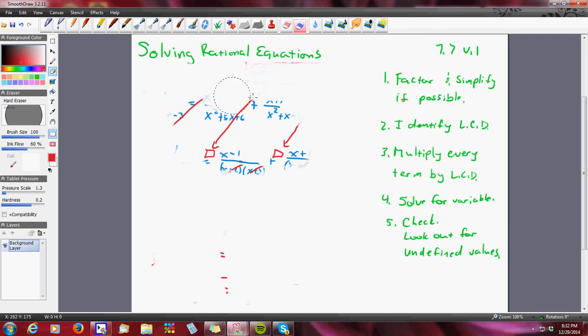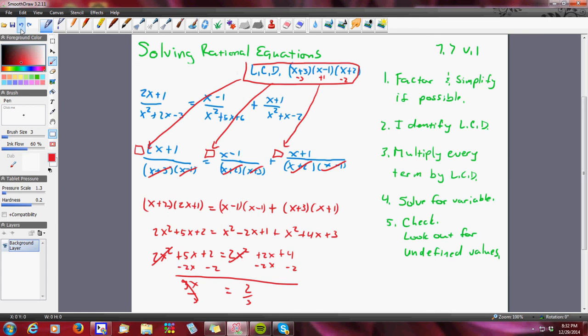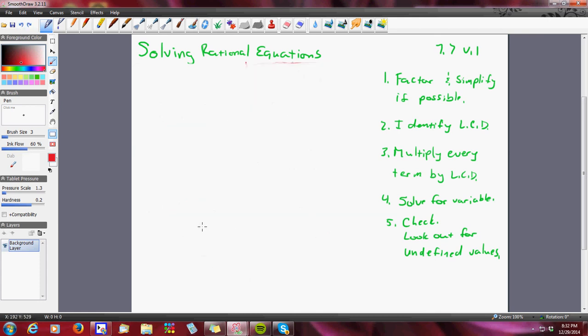So if you're still a little confused, check out this last one, and hopefully it won't be as awful as that last one. Oh no, I don't want to do that one. y minus 2 over 2y.